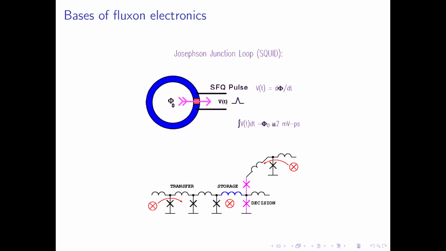So the basic version is rapid single quantum flux electronics. It was invented by Likharev, a Russian physicist who is now at Stony Brook. Actually, he's supposed to be one of the Nobel Prize winners, in my view, at least. So he is right now in New York, but he created rapid single quantum flux electronics.